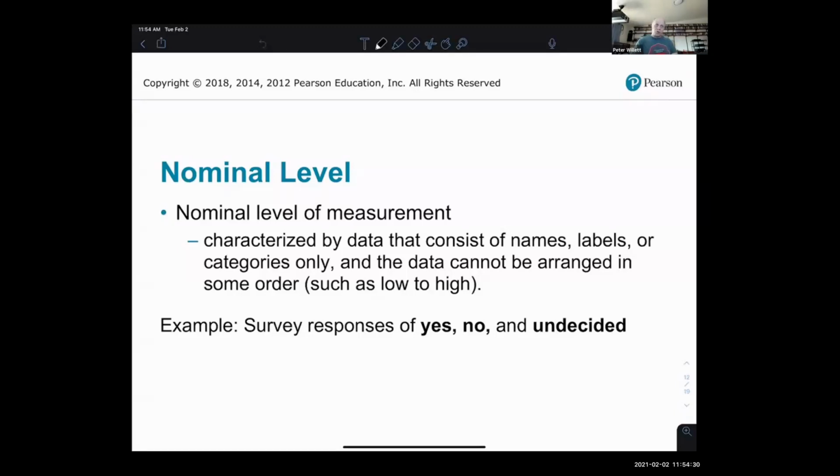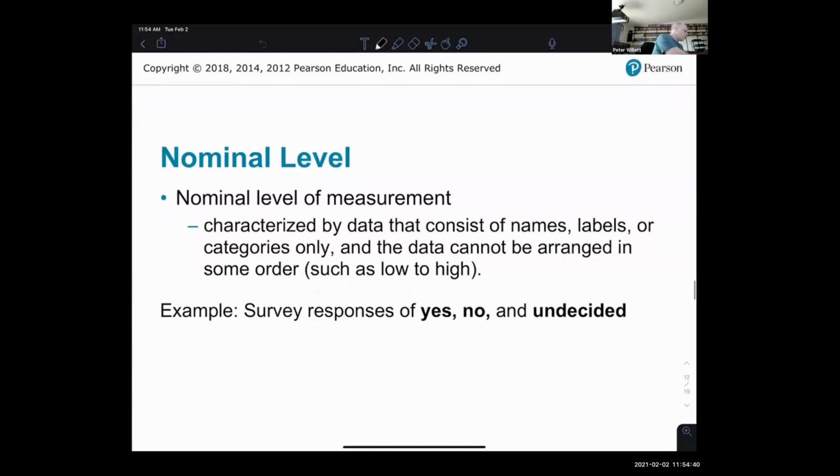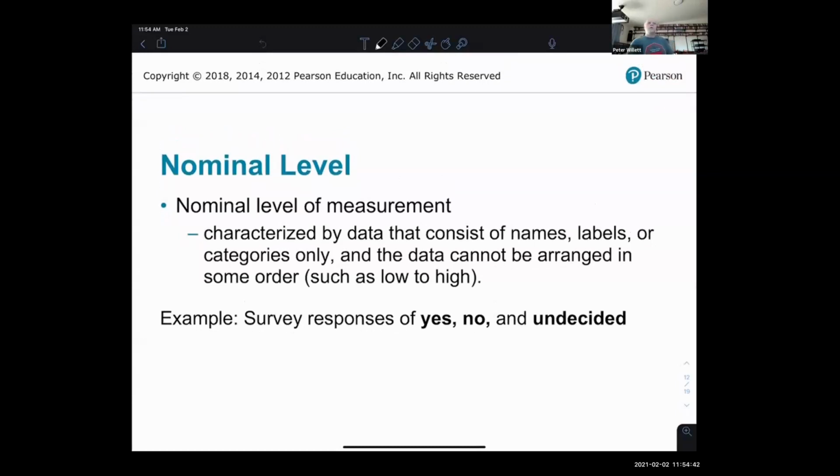Their example is survey responses of yes, no, and undecided. Another example from before would be gender, male or female. The root of the word nominal is name. Think of it as name level data, meaning you're just naming something. Yes, no, undecided.